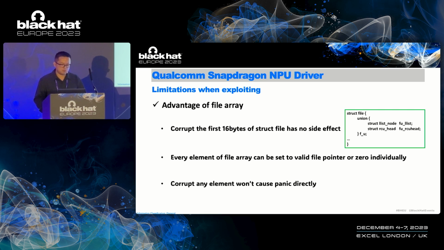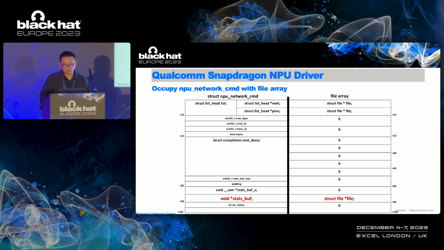And every element of file array can be set to a valid file pointer or 0 individually, which is really convenient. And what's more, corrupting any element in file array won't cause panic right away unless you access a corresponding file object. It would be like this if we managed to occupy the released MPU network command with the file array.